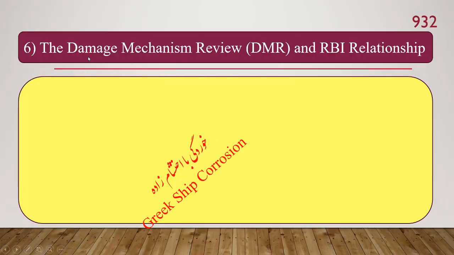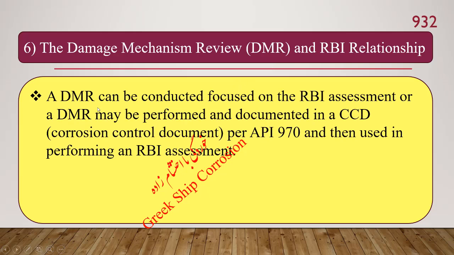6. The damage mechanism review and RBI relationship. A DMR can be conducted focused on the RBI assessment, or a DMR may be performed and documented in a CCD, corrosion control document, per API 970 and then used in performing an RBI assessment.